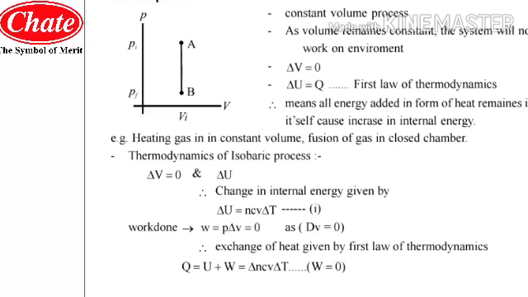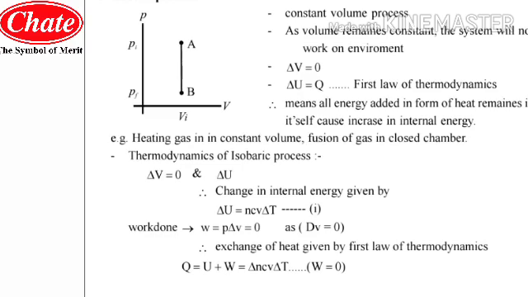The heat which has been added cannot be used for doing work, so work done will not happen there as there is no change of volume. So this entire energy will be converted into internal energy. For example, heating a gas at constant volume: while you are heating, there will not be a change in volume.